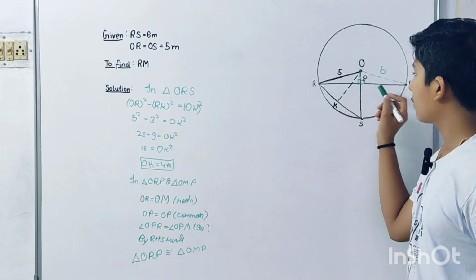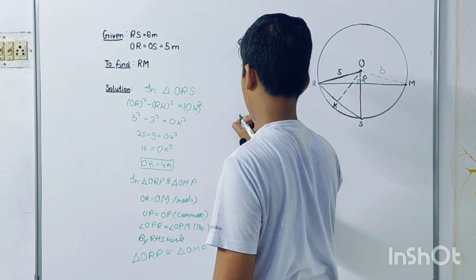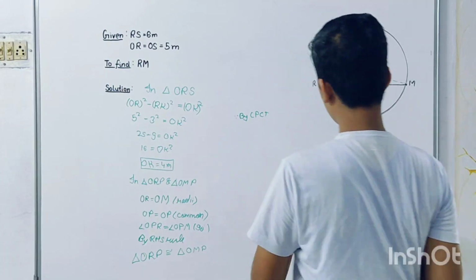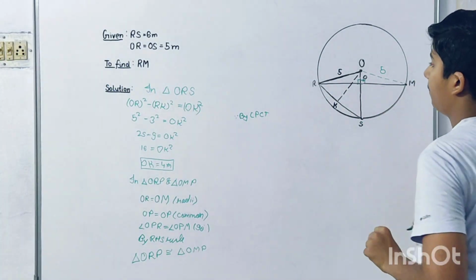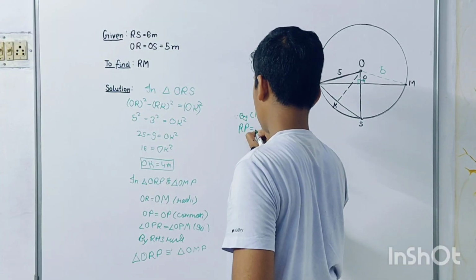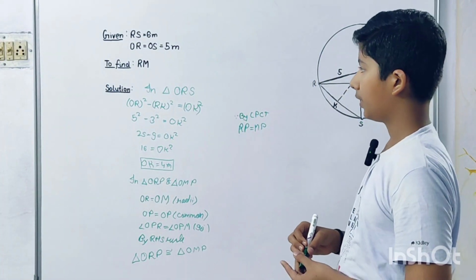Just to prove these two sides equal. Therefore, by CPCT, RP equals MP. Yes, we have proved these congruent.